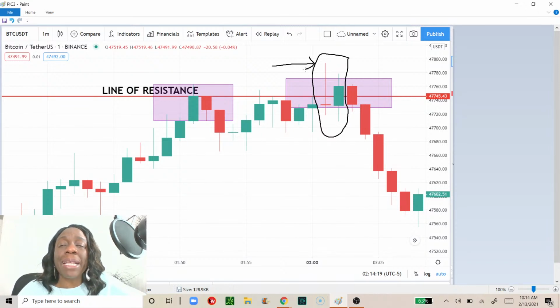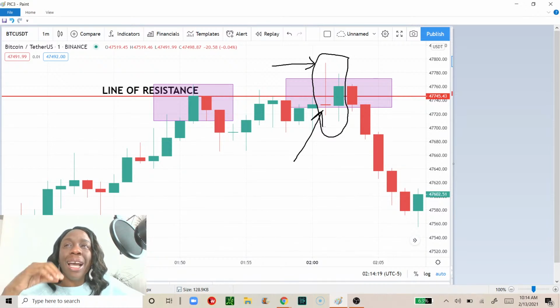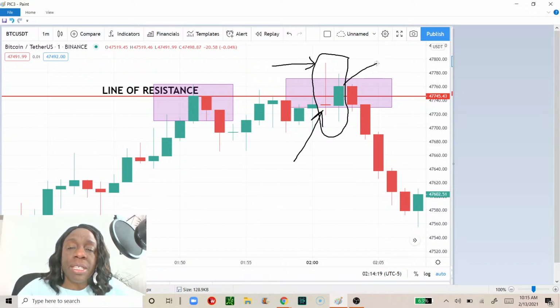It then ran back down again and closed below the line of resistance. This is a prime reason why you don't buy a breakout until your candlestick has completely closed above the line of resistance. This didn't. So if we move to the second candlestick, the green one, it actually closes. You see, the second candlestick actually closed above the line of resistance.